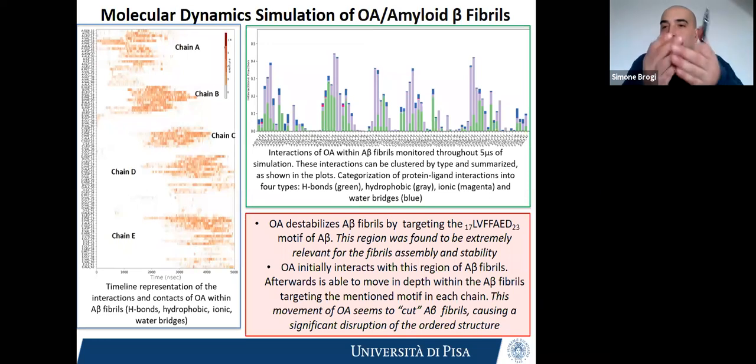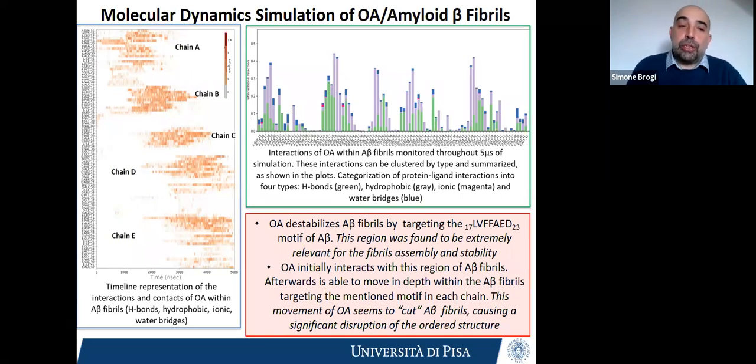So after the first interaction with chain A, the molecule is able to go deeply into the fibrils, reaching chain E after about 2 to 3 microseconds.